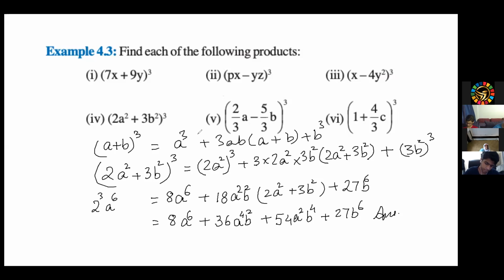Mudabbir, you will help me in the fifth one. Ma'am, just a minute, I didn't complete the fourth question. We'll use the same formula, a cube, but now we'll use a minus b because it is a negative sign. Do it in your notebook. After completing the fourth question, tell me so that I will erase this question.